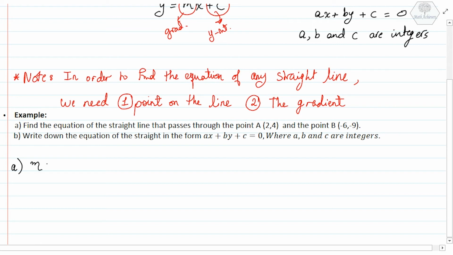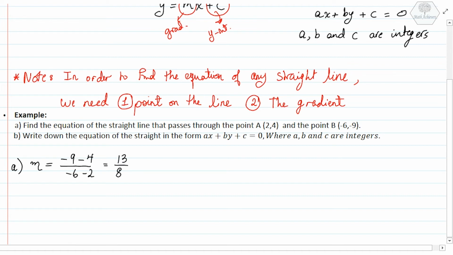So the gradient is equal to the change in y over change in x. So it's -9 minus 4 over -6 minus 2. And this gives me -13 over -8, which is 13 over 8.